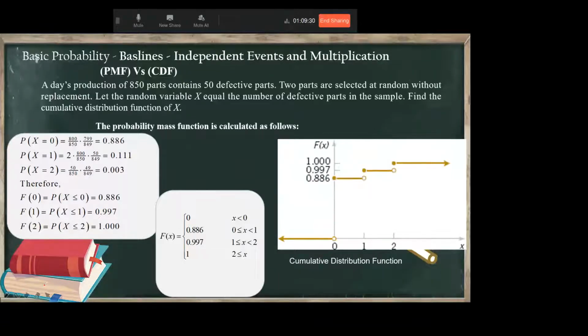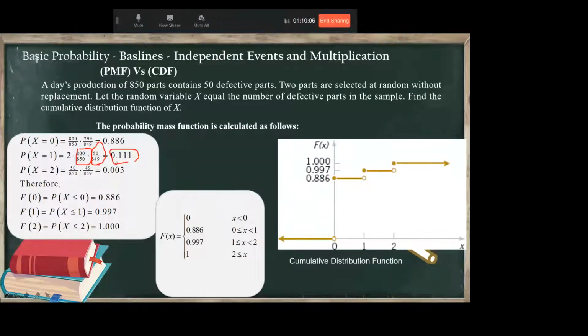Three heads means no tail, or 3 tails means no head. Then 2 heads, so there is a possibility twice. So 800 by 850, because we are saying that exactly 1 is defective. Let's say the first one is non-defective, so the other one is 50 by 849. Do you understand this? So the probability is 0.1211.